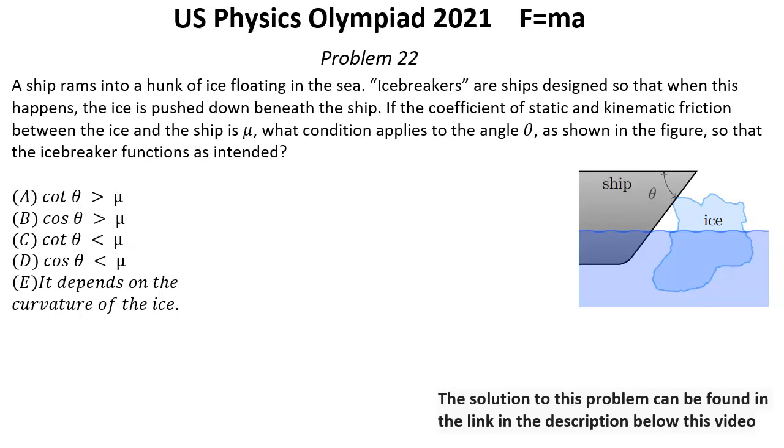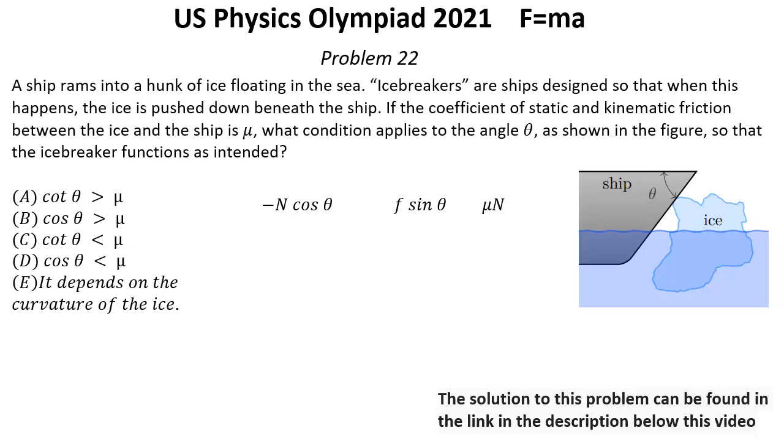There is a force from the ship on the ice, which may be broken into a normal force and a friction force. The vertical component of the normal force is negative N multiplied by cosine theta, and the vertical component of the friction force is F multiplied by sine theta.